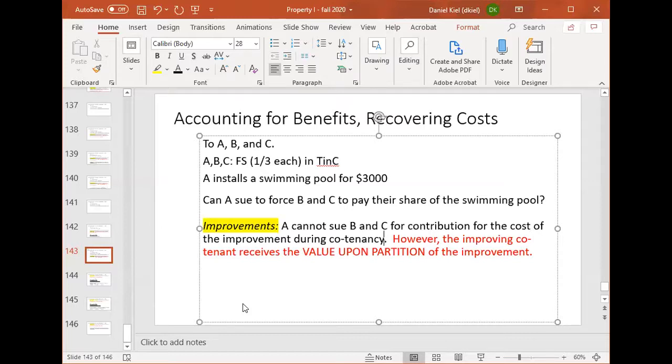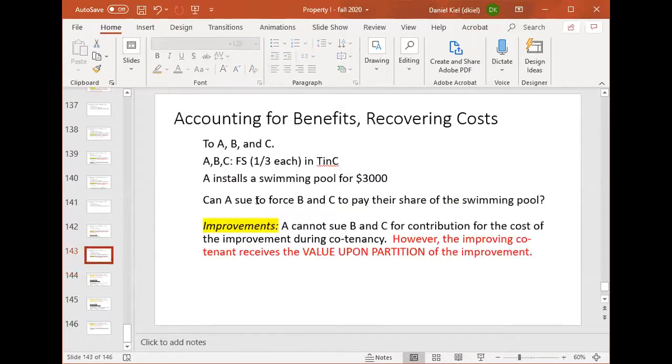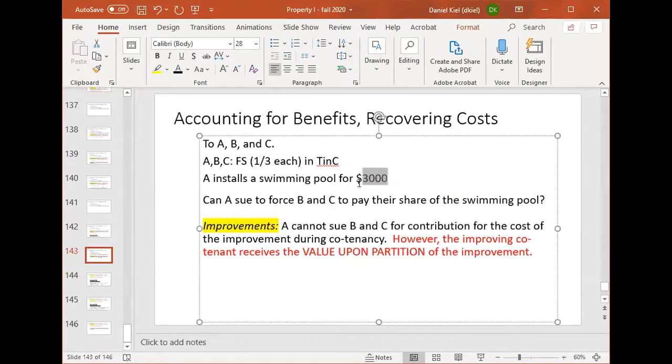But if they haven't, then no right of contribution during co-tenancy, but the improving co-tenant receives, instead of credit upon partition, value upon partition, the value of the improvement. So it's actually not relevant in this instance what the cost of the swimming pool was.